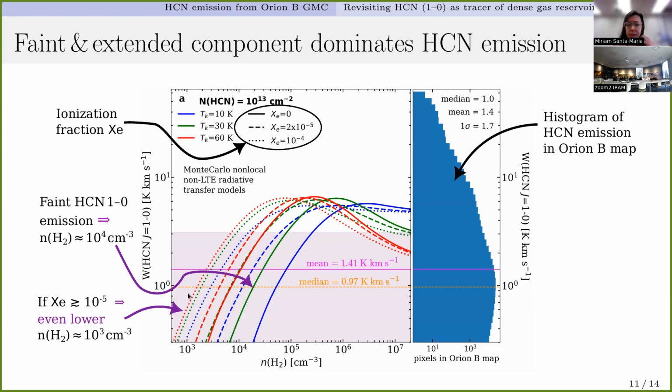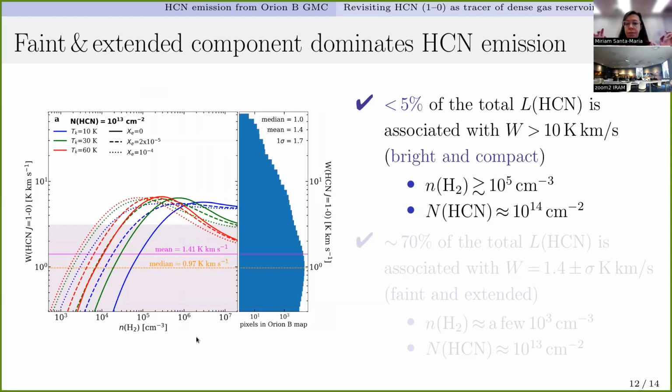What we see here is that the faint emission that is related to the extended component can be reproduced by the models if the density is low, so around 10 to the 4 for the median value, or lower if the ionization fraction is above 10 to the -5. So less than 5% of the total HCN luminosity is associated with the very bright emission parts.